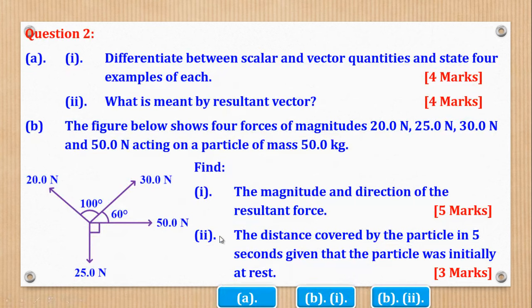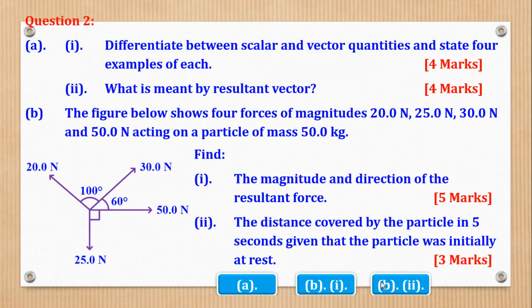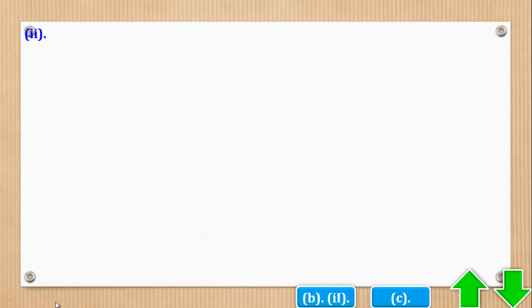Then for Roman 2, they said find the distance covered by the particle in 5 seconds, given that the particle was initially at rest. So one shall remember that from Newton's second law of motion, F is equal to ma.